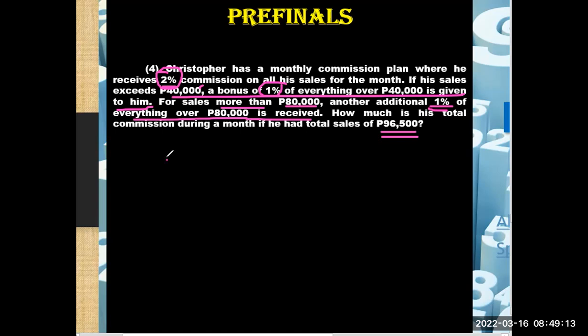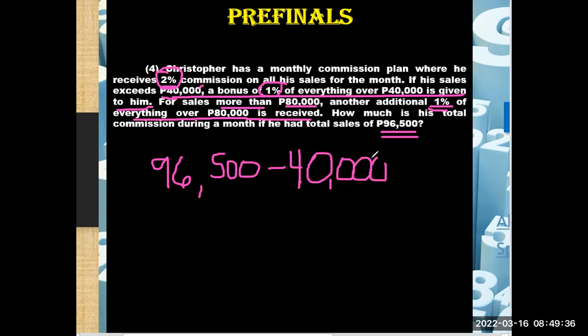Okay. So, 40,000 siya. Exceed. If his sales exceed 40,000, so 96,500 minus 40,000 equals. So, subtract natin yan. 96,500 minus 40,000.